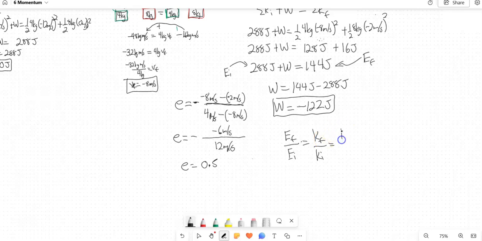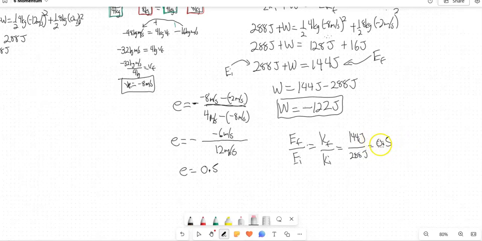Our final kinetic energy is 144 joules, and our initial kinetic energy is 288 joules. So if you look, you get 0.5.